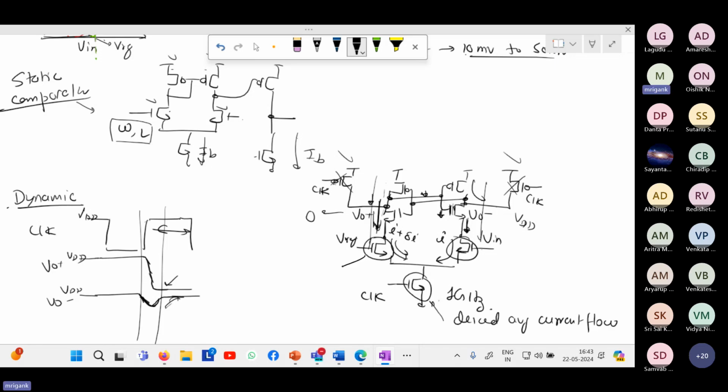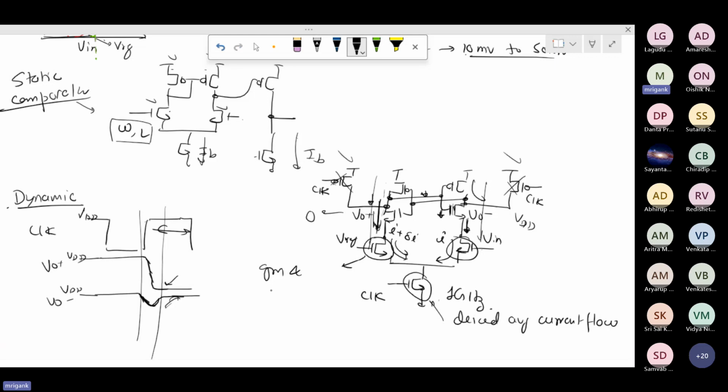This size will decide the GM and hence the resolution. Because if the GM is better, it will be able to resolve better. A small difference in voltage, if you have to convert it into a significant difference in the current, you need to have good GM for these transistors.